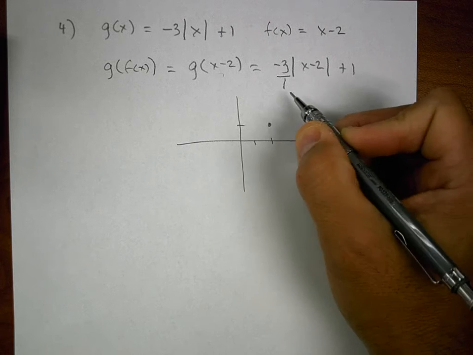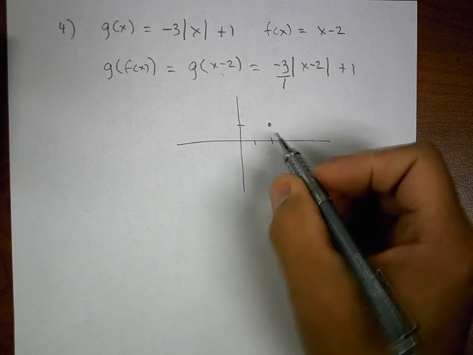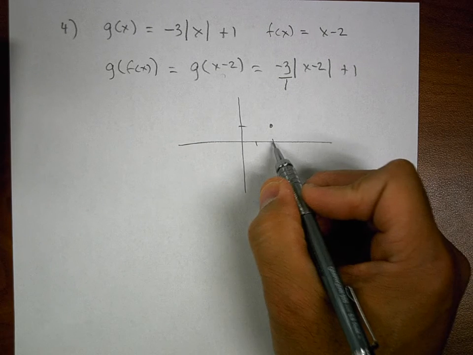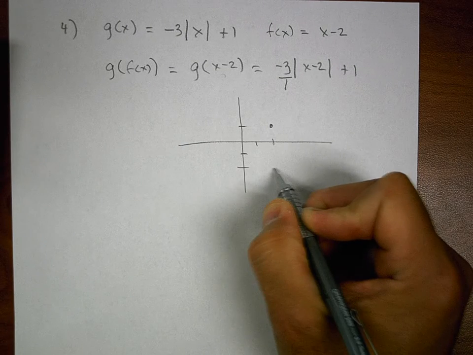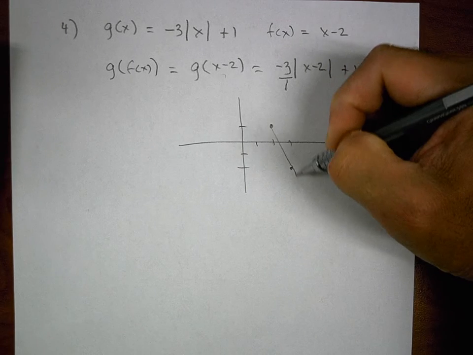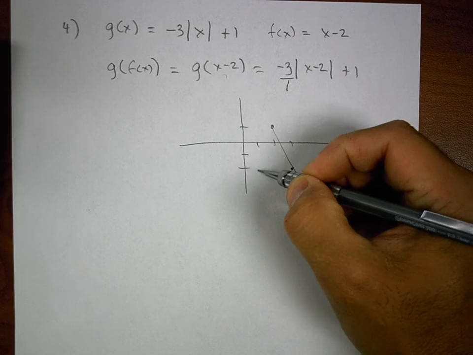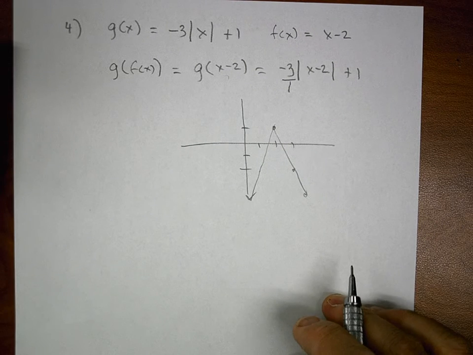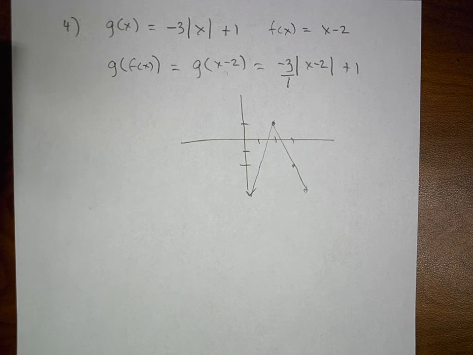Let's put a 1 under it. So it's down 3 over 1. Down 1, 2, 3 over 1. There we go, opens down. And there's your little crooked absolute value graph. Easy as that.